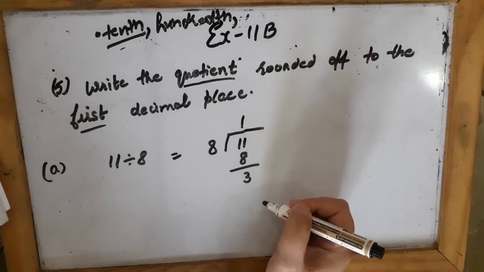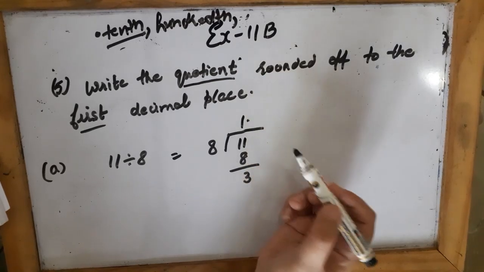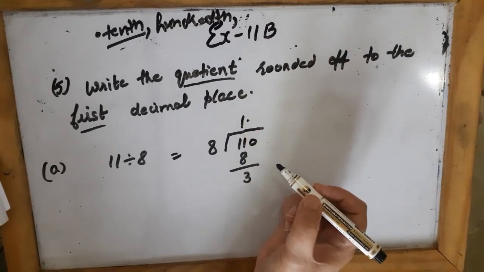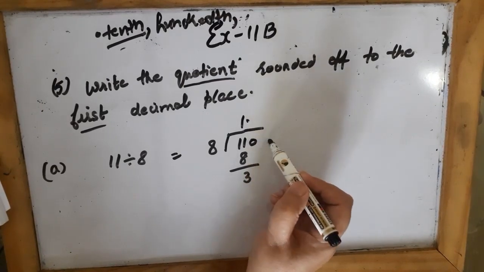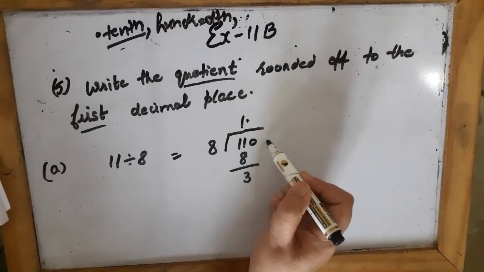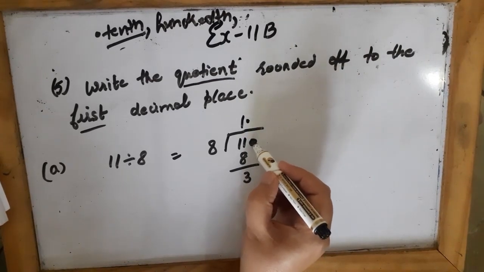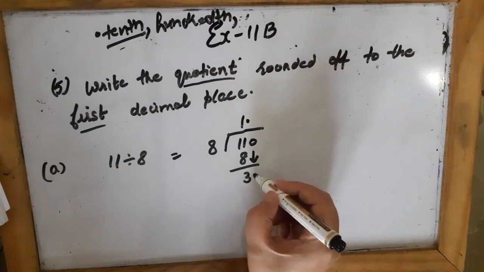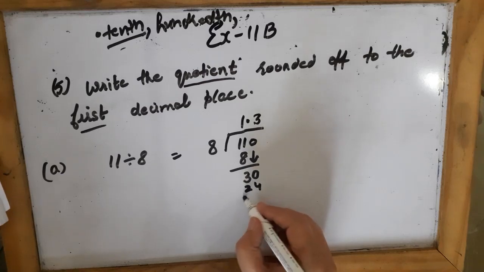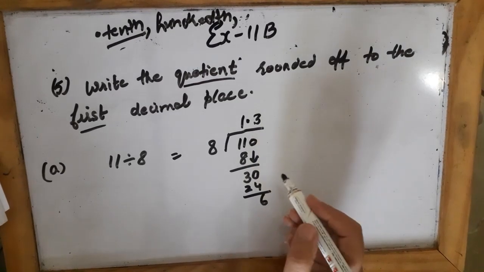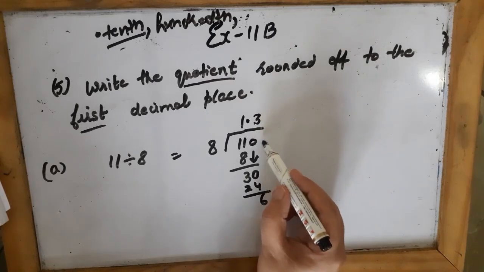So I will put a point over here and add a 0. Once you put a point in the quotient, you can keep on adding zeros in the dividend, right? So I'll put a point here and I'll put a 0 here in the dividend and bring this 0 down. So 8 3s is 24. How much is left? 6. Now I said once you put a point here, you can keep on adding the zeros in the dividend.